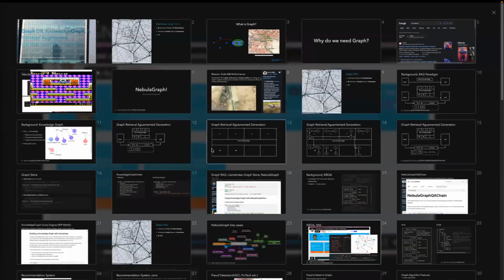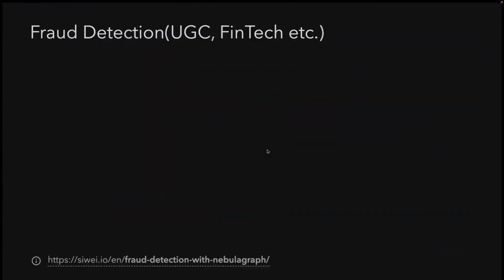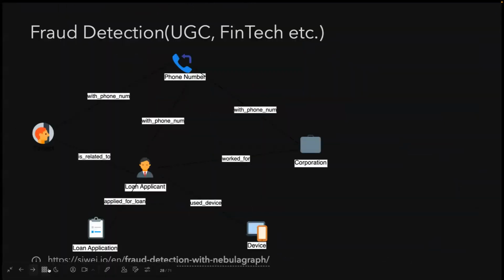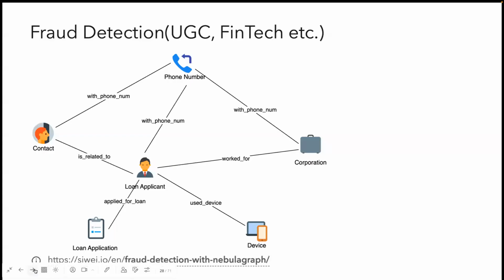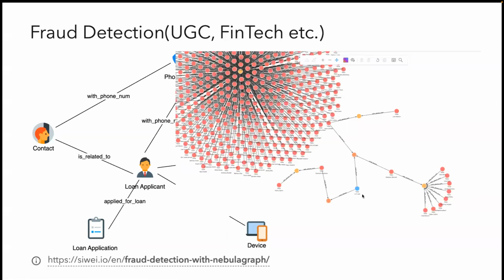I won't walk through every slide here, but it's an example. If we model this problem in a graph, we can do a simple query to know whether this is one person or one device related to a bunch of different actions. So this can be of higher risk. This is a query-based problem solving.